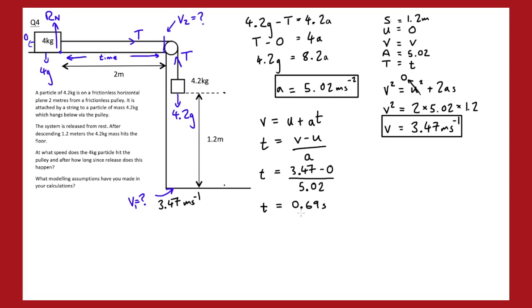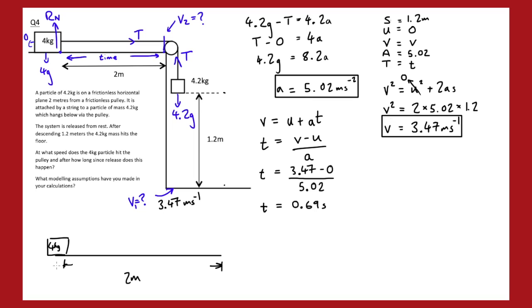So we've got part of it, 0.69 seconds. So what I'm going to do is draw another line which is going to represent the situation on the horizontal plane. Now we start here, here's our 4 kilogram mass, and this whole distance is 2 meters, remember.